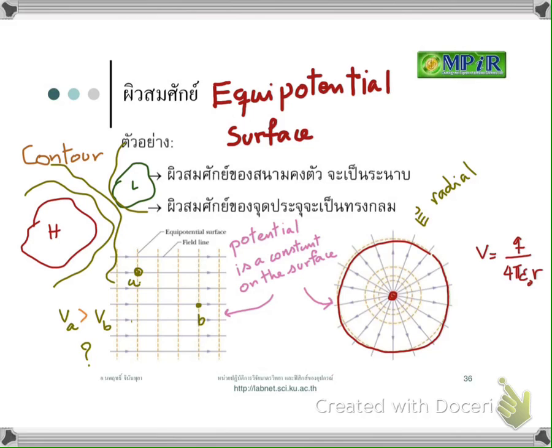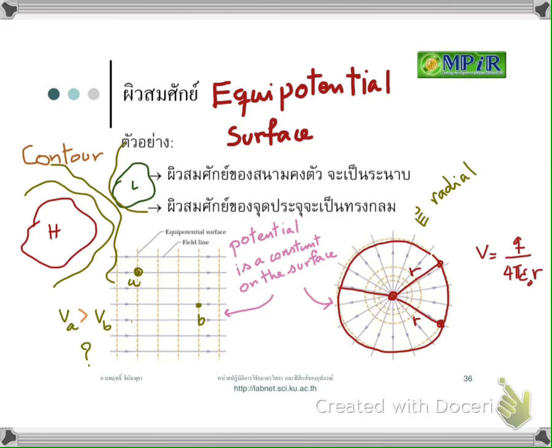And if the charge is at the center, it means that on every point on the surface, the distance to the center is equal. So if you look at this point, it's r. If you look at this point, it's also r.